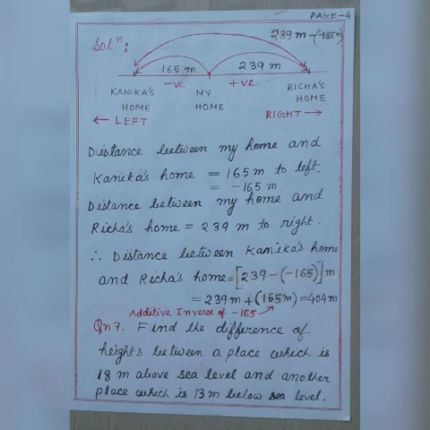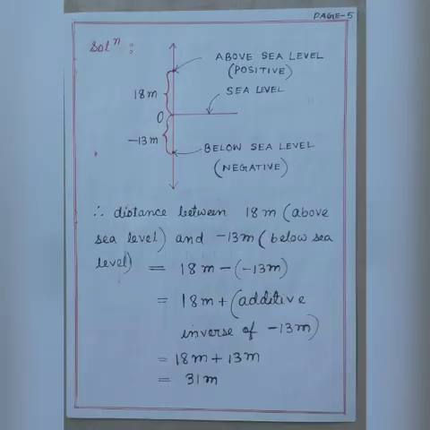Question number 7. Find the difference of heights between a place which is 18 meter above sea level and another place which is 13 meter below sea level. So to find the solution, I have drawn one diagram. You can see that 0 is assumed to be the sea level. Above 0 it is positive, and below 0 it is assumed to be negative.